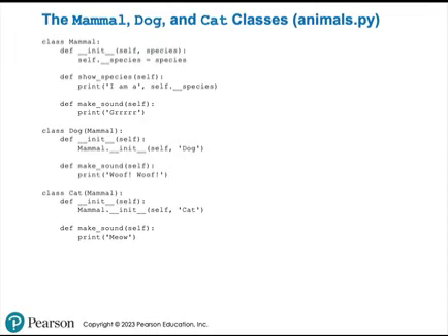If you're a dog you say woof woof, and if you're a cat you say meow. So we have the same method name as the mammal class, whose sound is grr. So if you're a dog, you're going to say woof woof. If you're a cat, you're going to say meow. And if you're some other species, you're going to growl, presumably.